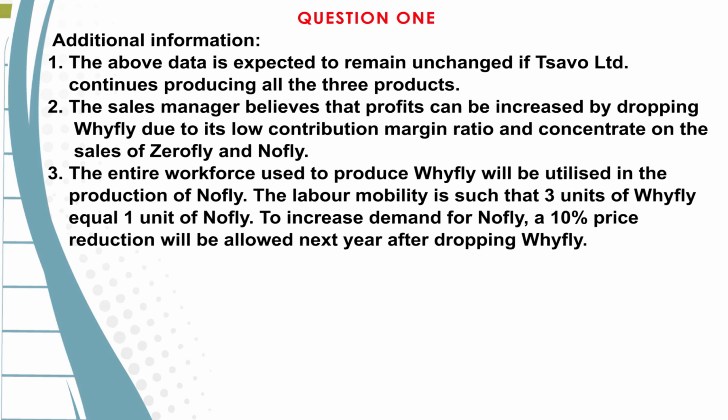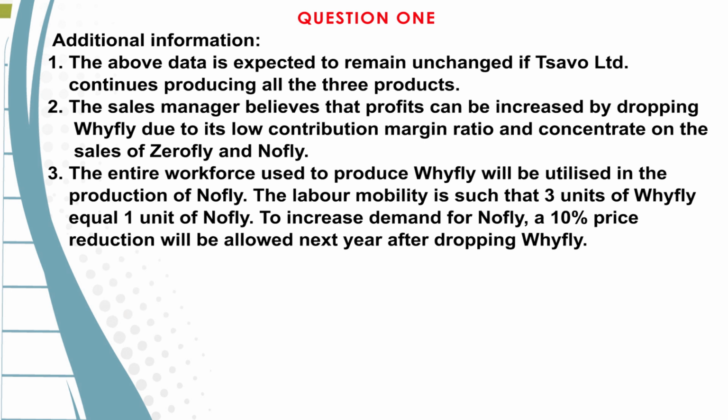The labor mobility is such that 3 units of Y-Fly equal 1 unit of No Fly. To increase demand for No Fly, a 10% price reduction will be allowed next year after dropping Y-Fly.